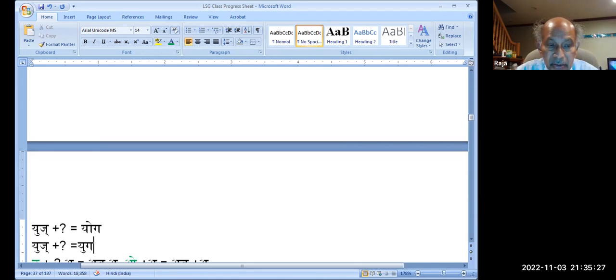So work through that. In this case, you have to take the guna of the first vowel. In this case, you have to prevent guna of the first vowel. And in both cases, ja has to become a gakara and add a here.